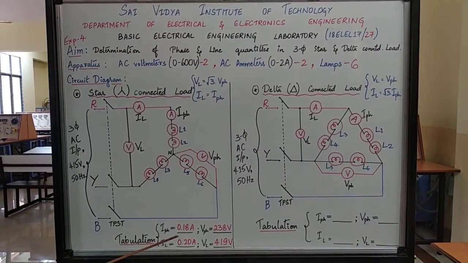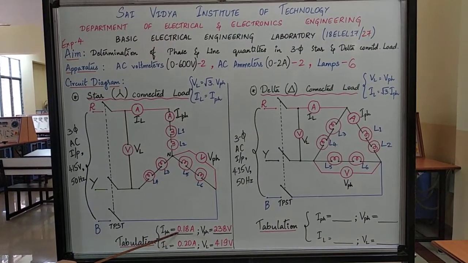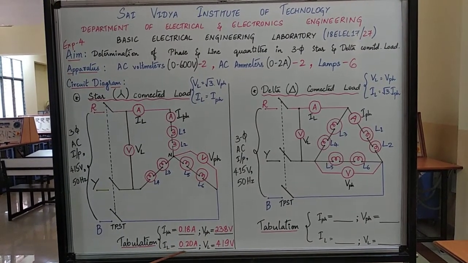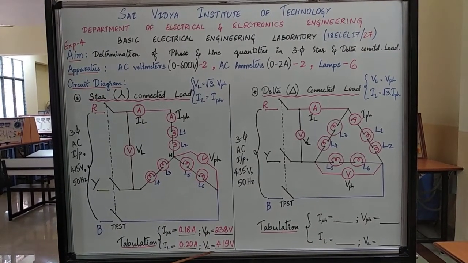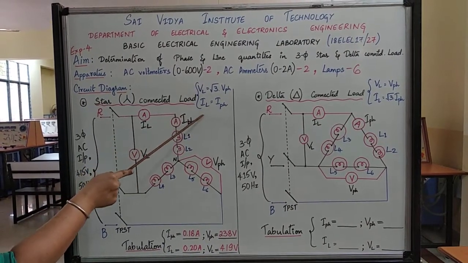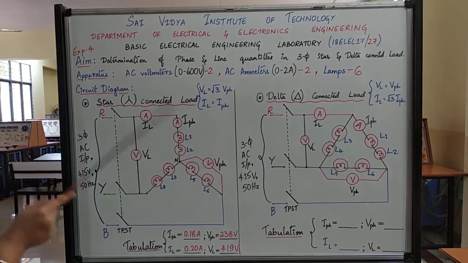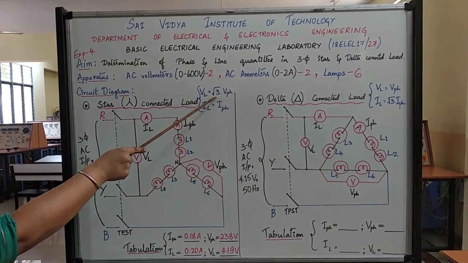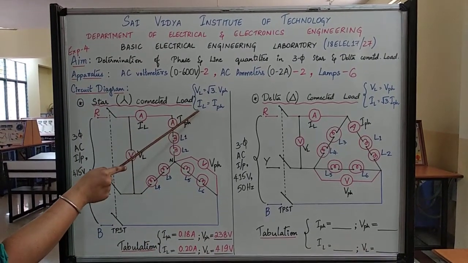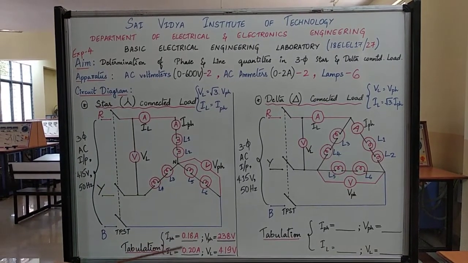As we saw the readings in the meters, the I phase was indicating 0.18 amperes, V phase was indicating 238 volts, IL was indicating 0.2 amperes and VL was indicating 419 volts. We have to replace the values in this formula and cross verify whether we get VL equal to √3 V phase, and since we have the readings almost close to that, we say IL and I phase are almost close.